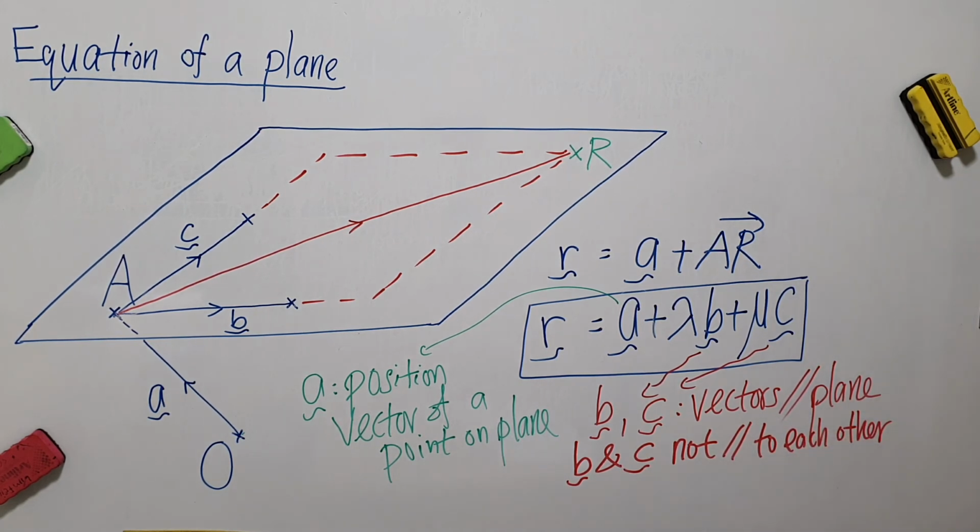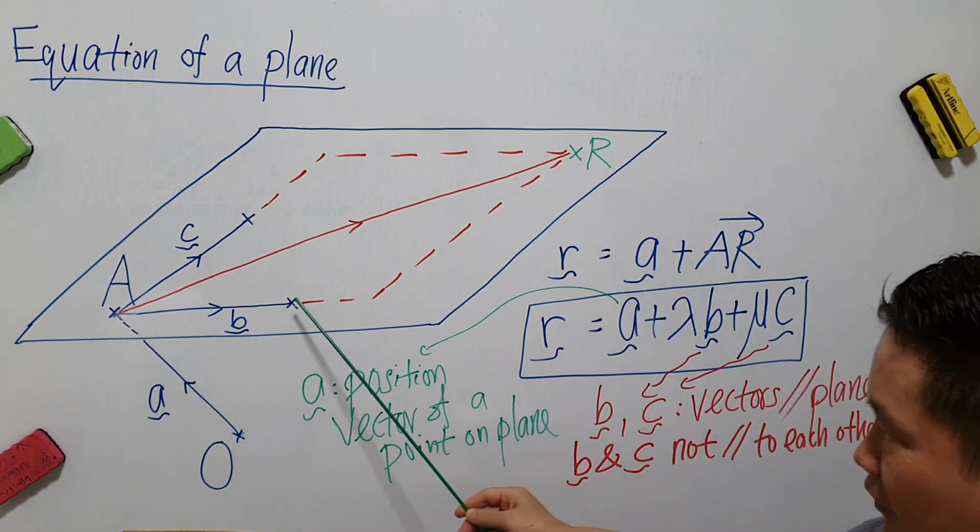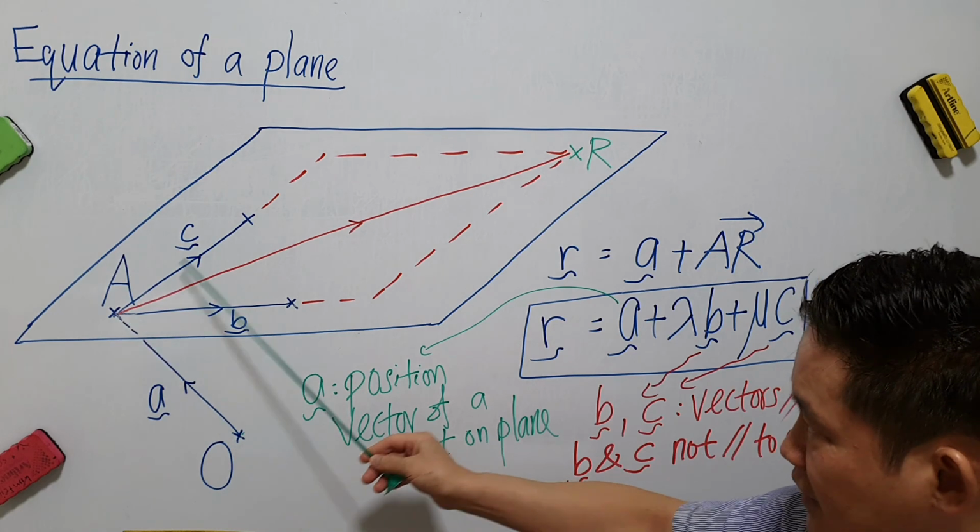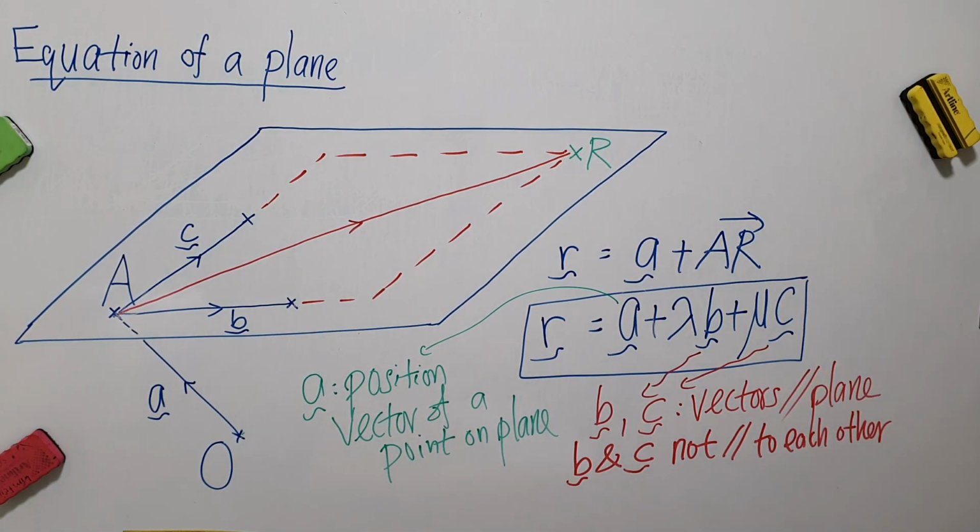I hope you can see. So these two vectors represent vectors that are parallel to the plane. B is parallel to the plane and C is also parallel to the plane. The important thing to note is that these two vectors cannot be parallel to each other. They must be two non-parallel vectors parallel to the plane. Mutually they are not parallel to each other, but they are parallel to the plane.